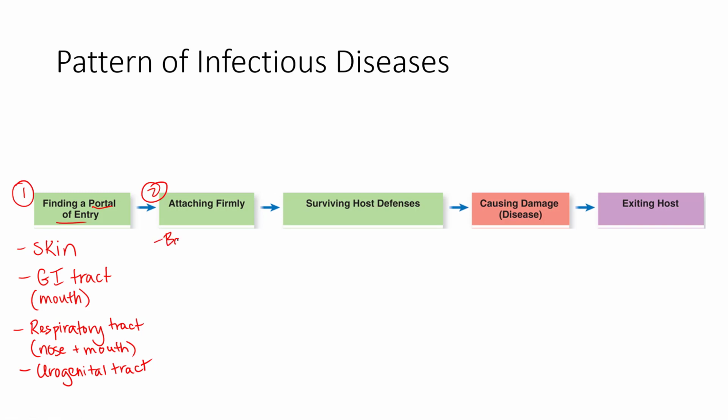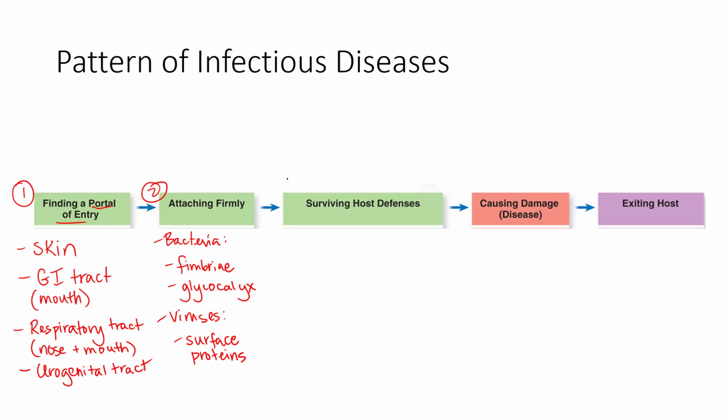And so bacteria have certain strategies we've discussed before, like those little fimbriae hairs that they use, or they might use their glycocalyx, that sugary coating that certain bacteria have. For viruses, it's more often their spike proteins, their surface proteins that helps them adhere to cells.